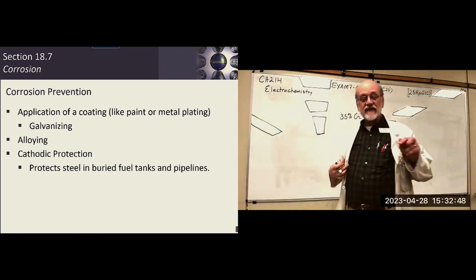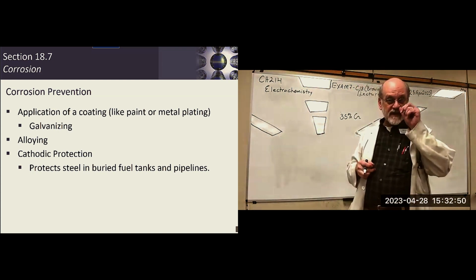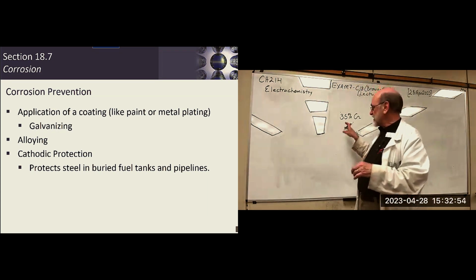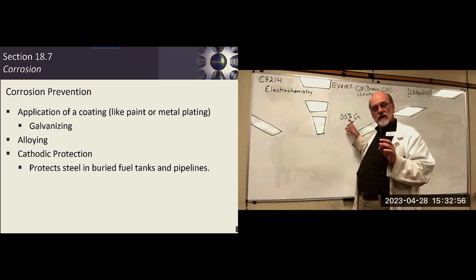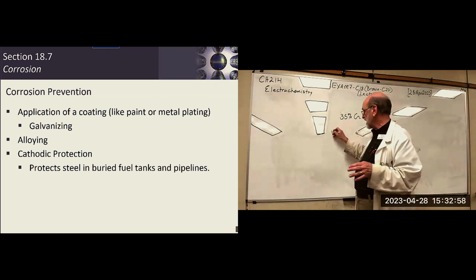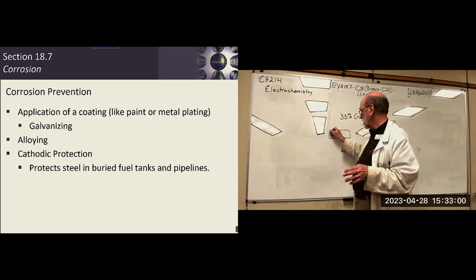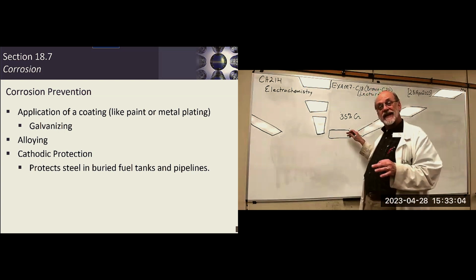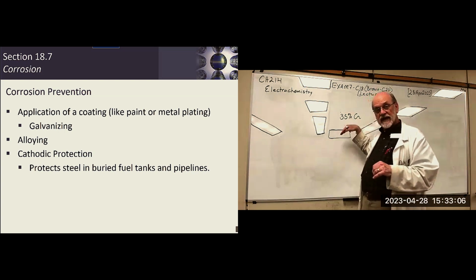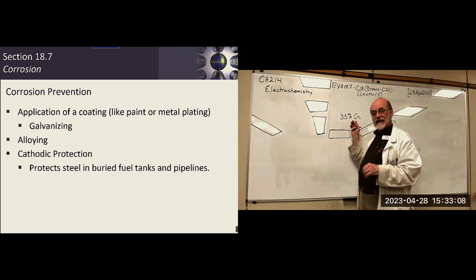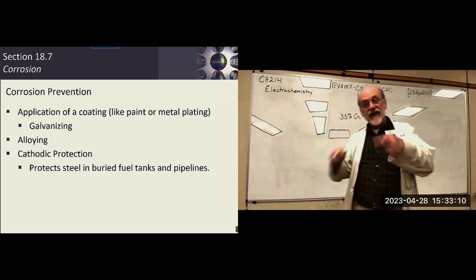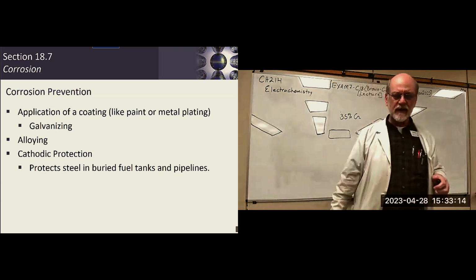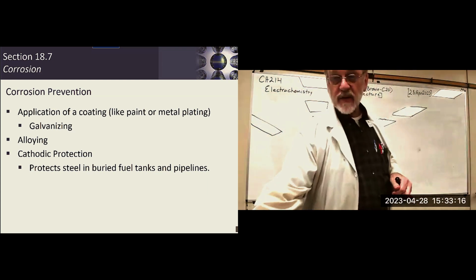Chromium is a very active metal. And what happens is, once it's in the alloy, the chromium itself will oxidize and form a thin layer right on the surface of the metal and exclude any oxygen from getting through. And if any of it does, it immediately reacts with the chromium and not the iron. So that's stainless steel.